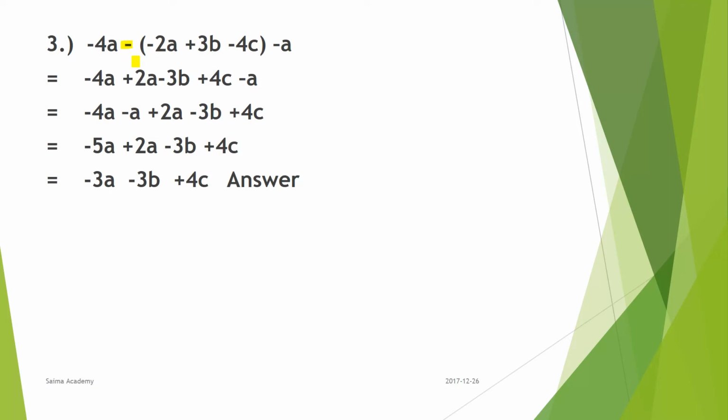So see, this is very important. Between this minus and this parenthesis is multiplication, and you do not have to multiply with minus 4a, because after minus 4a there is a minus sign. So you have to multiply only with whatever is inside the parenthesis, right?